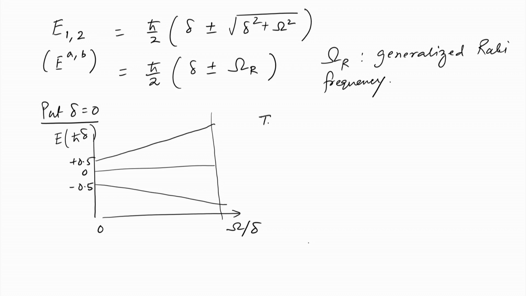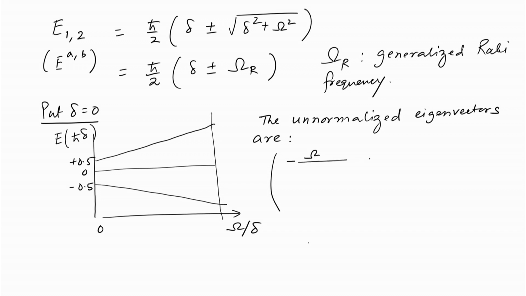So, the unnormalized eigenvectors are minus omega divided by delta minus the square root of delta squared plus omega squared, and 1.